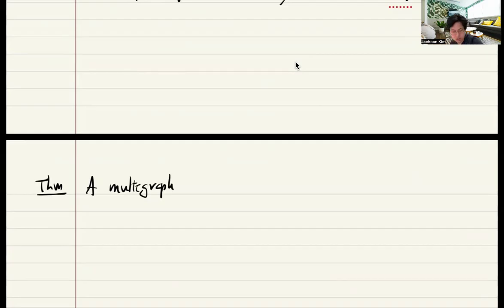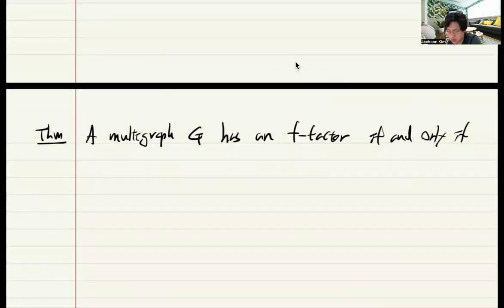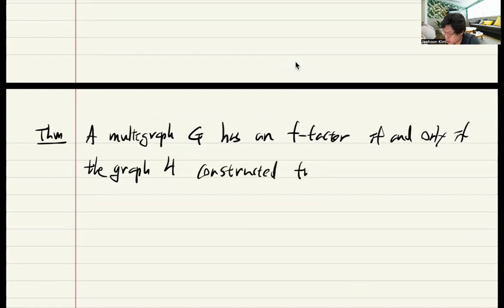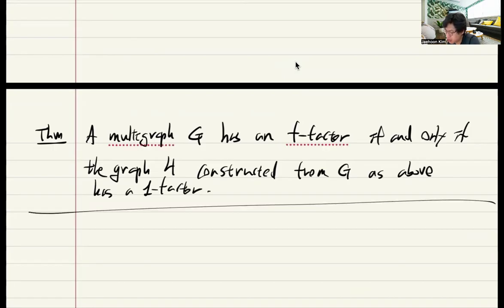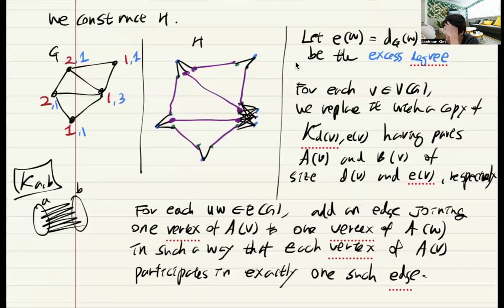So you consider this multigraph G. Multigraph G has an f factor if and only if the graph H constructed from G as above has a one factor. Finding a one factor in H is the same as finding an f factor in G. You can kind of see, right?